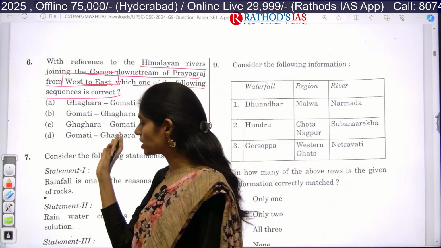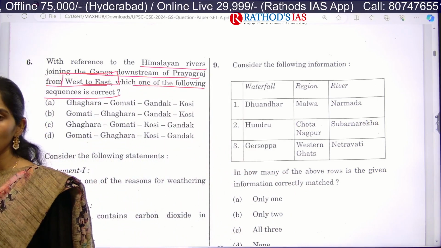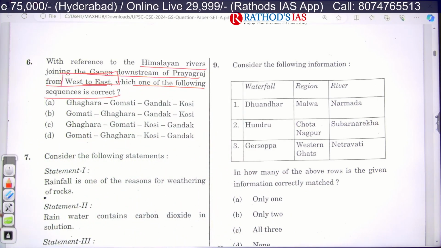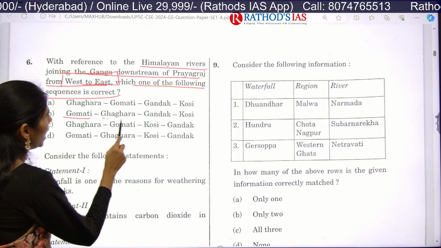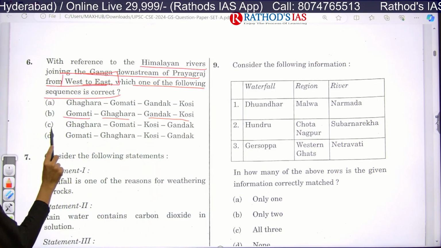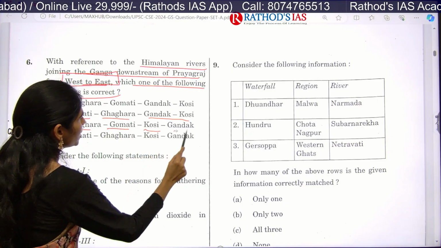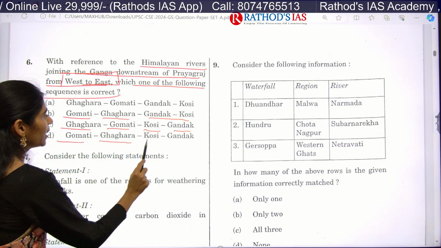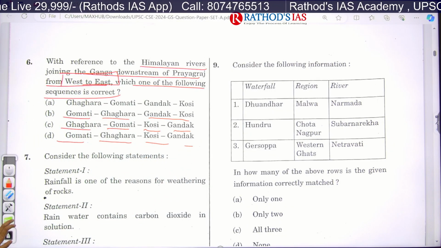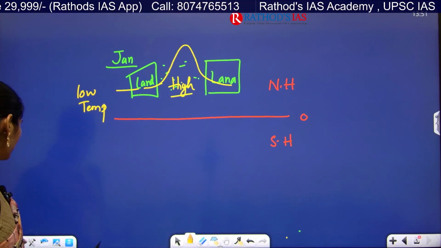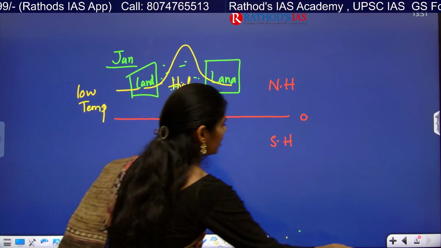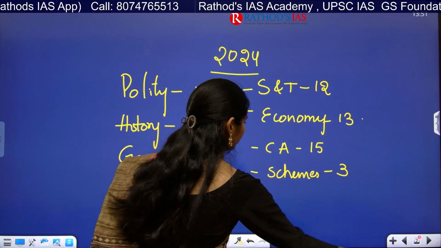Option B is Gomti, Gagra, Gandak, Kosi. Option C is Gagra, Gomti, Kosi, Gandak, and option D is Gomti, Gagra, Kosi, Gandak.